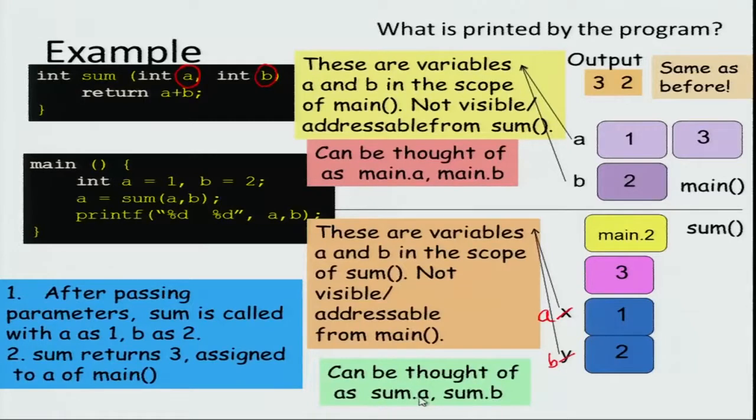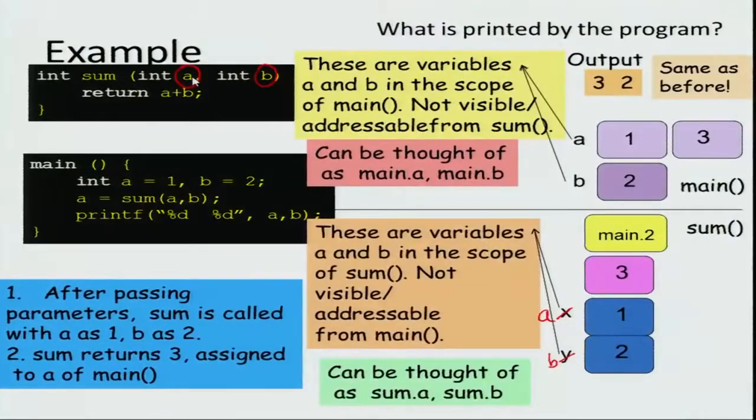They are the a variable belonging to sum and the b variable belonging to sum. Even though you would think that this a and this a might get confused, they are actually different variables. One is the a variable belonging to main and the other is the a variable inside sum, and they are different even though they have a common name.